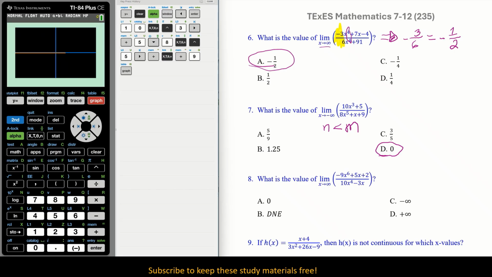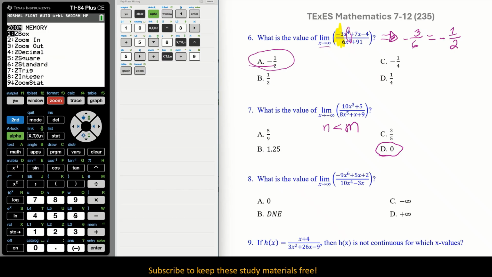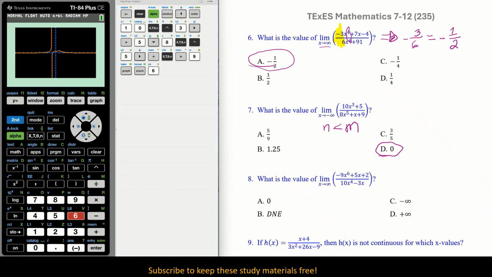Now let's graph it. Zoom 6. I had to change my window. The limit to infinity approaches 0. Let me check my mode.